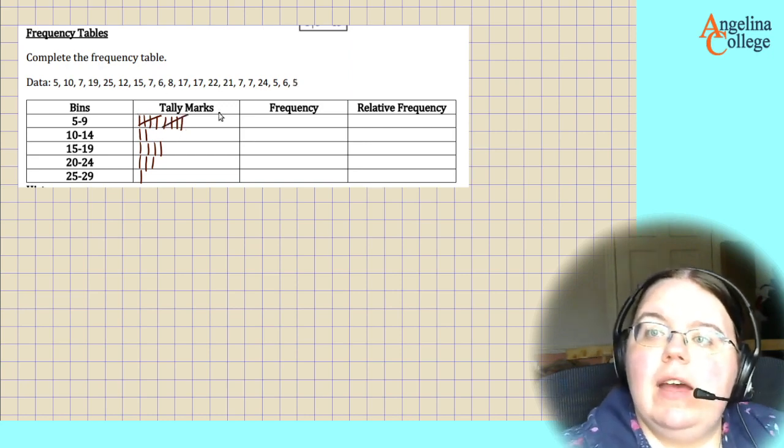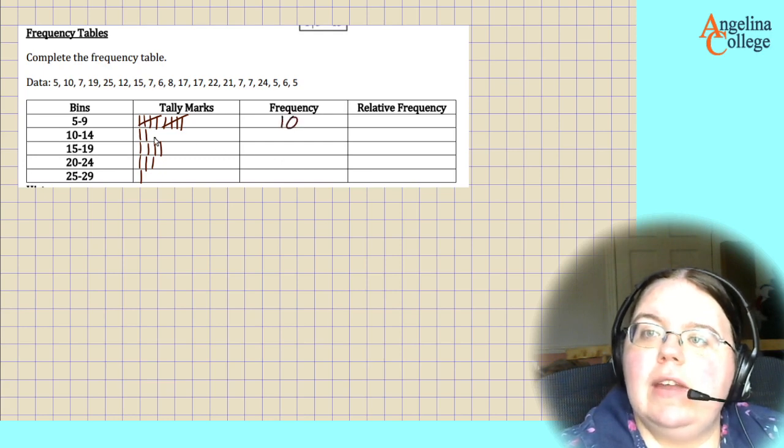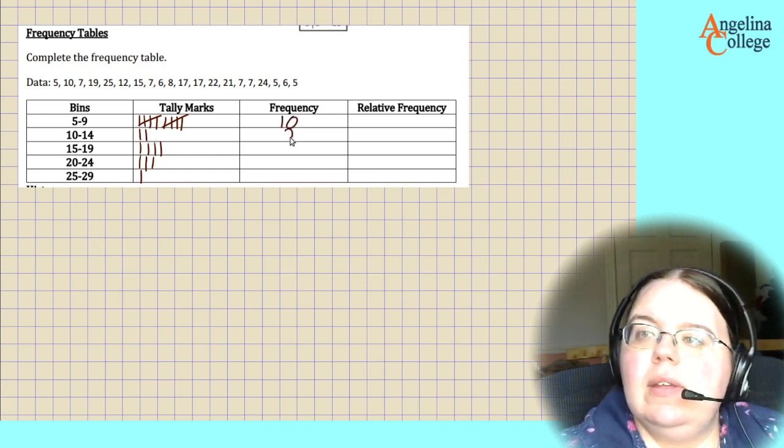So I see we've got 10 in the 5 to 9 bin, 2 in the 10 to 14 bin, 4 in the 15 to 19 bin, 3 in the 20 to 24 bin, and 1 in the 25 to 29 bin.